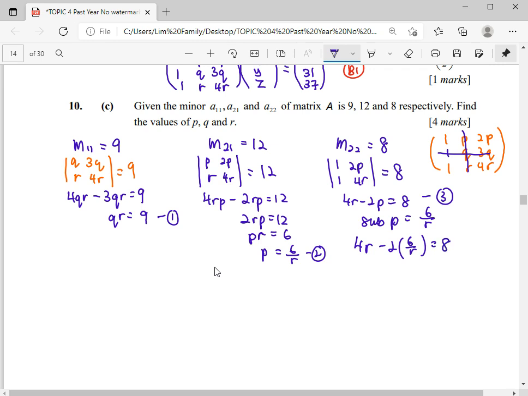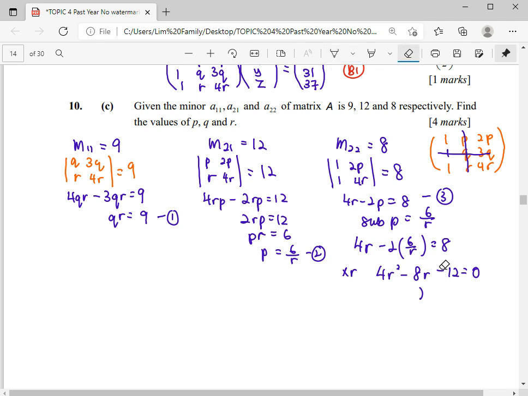Notice that R is in the denominator, so we multiply by R to become a quadratic: 4R squared minus 8R minus 12. I move the 8 to the left-hand side to rearrange into quadratic form so we can factorize.